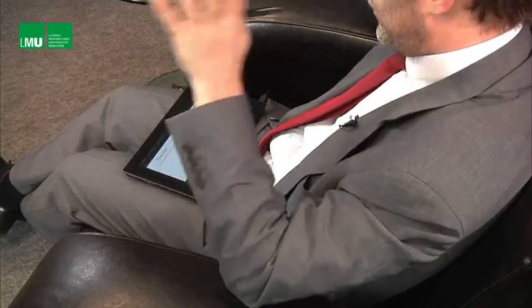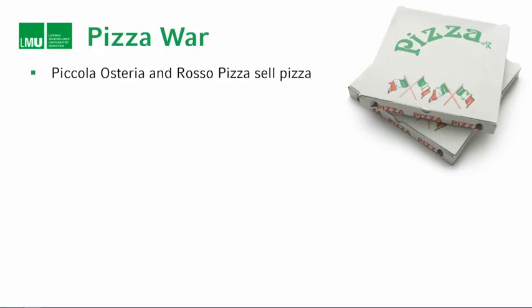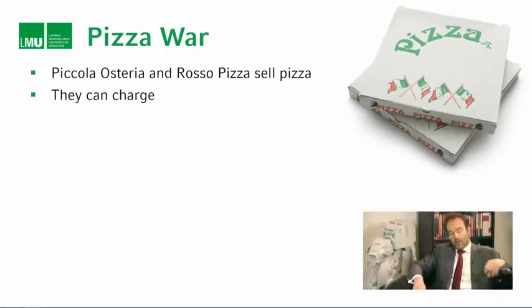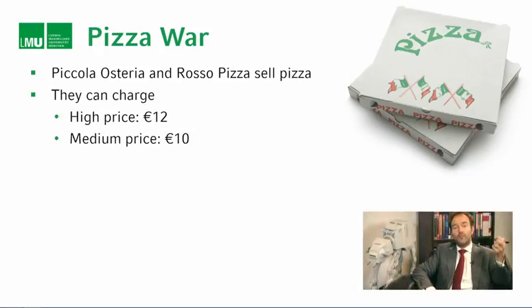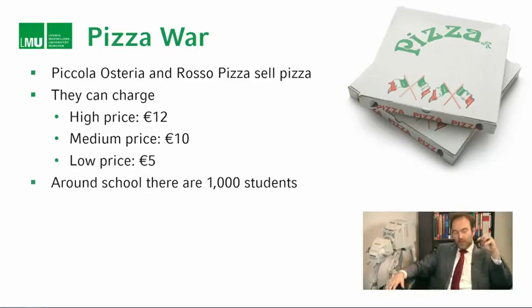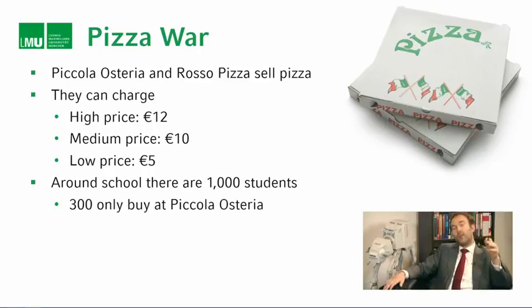So we've got these two players, Piccola Osteria and Rosso Pizza, selling pizza. They can charge one of three prices: a high price of 12 euros, a medium price of 10, or a low price of 5 euros. Let's assume there are 1,000 students around school interested in pizza, and 300 of those will only ever buy at Piccola Osteria.